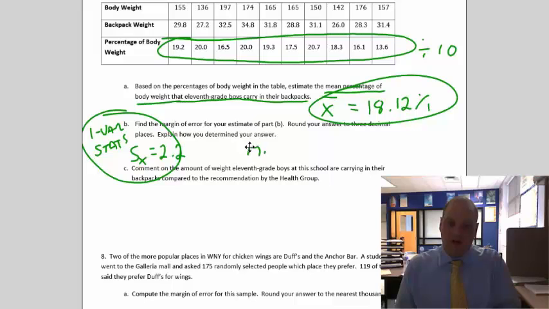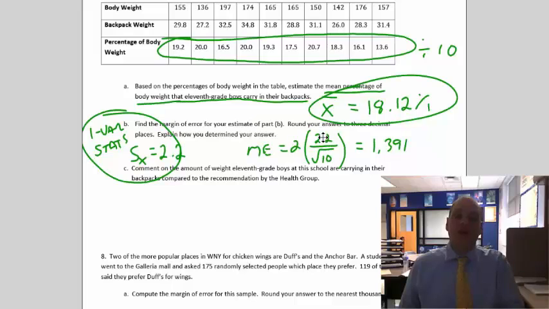Okay, so margin of error is 2 times the sample deviation divided by the square root of the sample size. So S over the square root of n. And that is 1.391. So again, the formula is 2 times S over the square root of n.